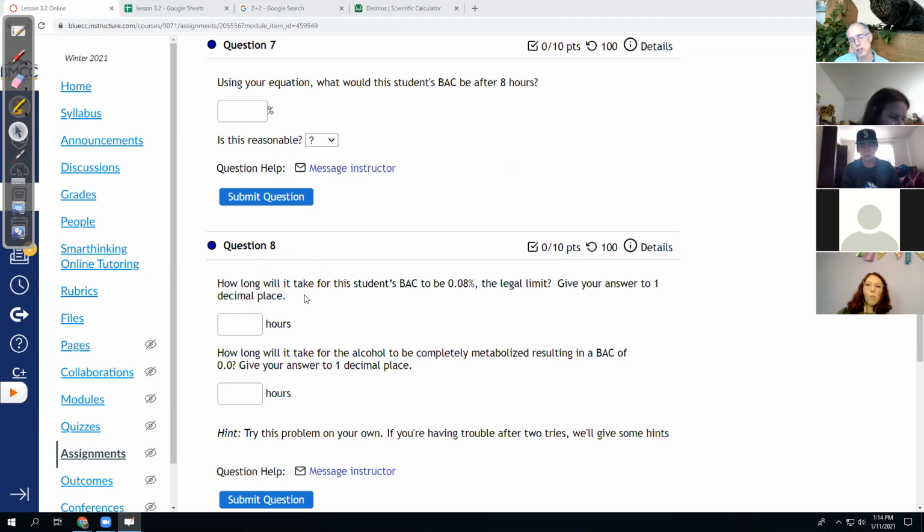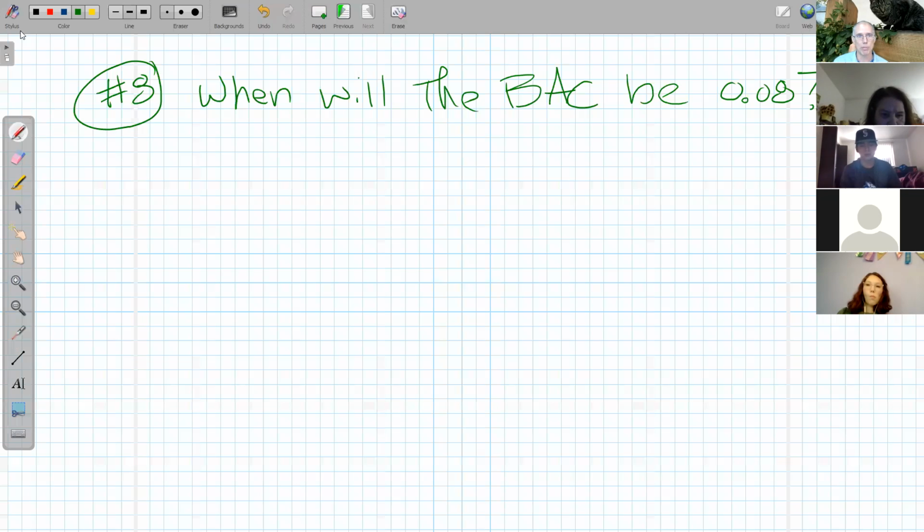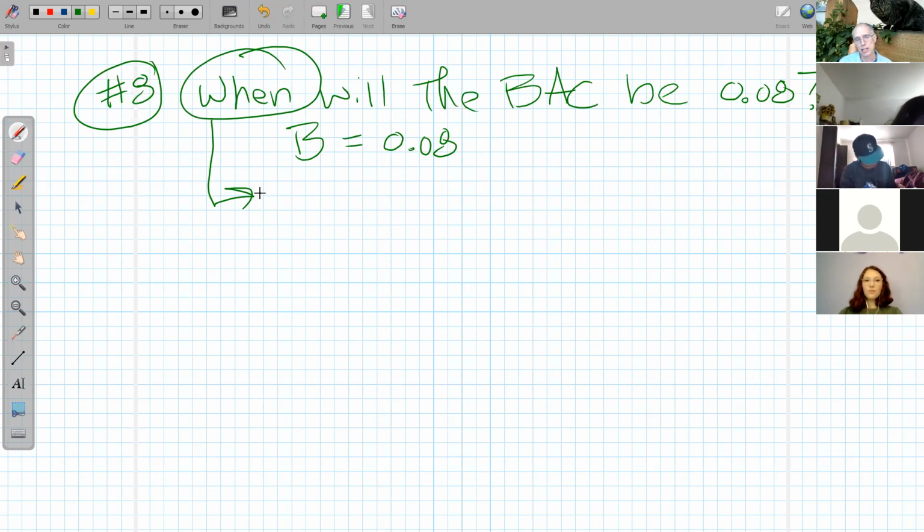I was hoping you can guess and check for sure on this by plugging into a calculator, but I just want to go over how I would solve this as an equation, which is a skill I'm hoping we'll all get better at. So they're telling me that the BAC, the B, is 0.08, and they're asking when, which translates in algebra language as solve for the variable t.